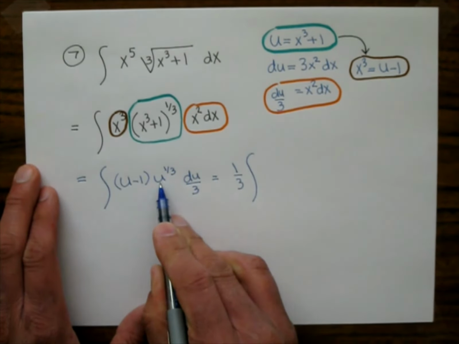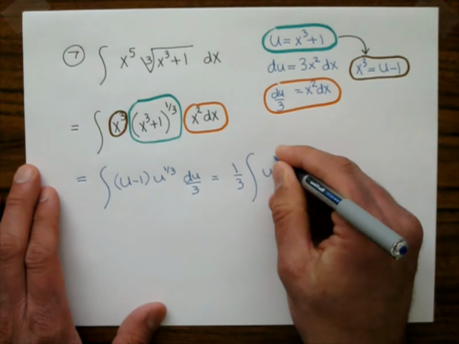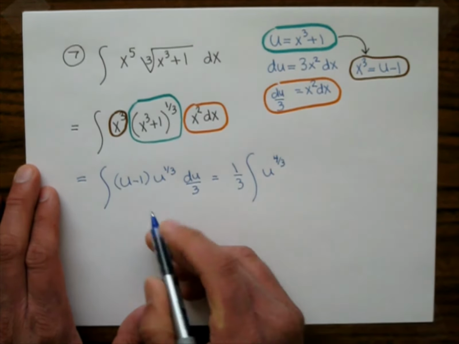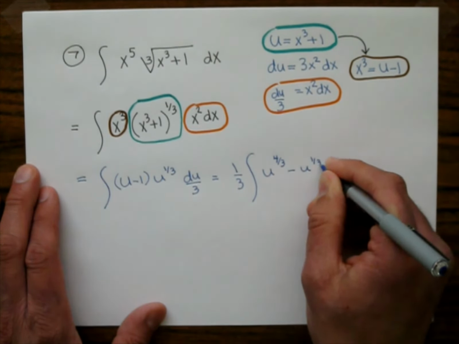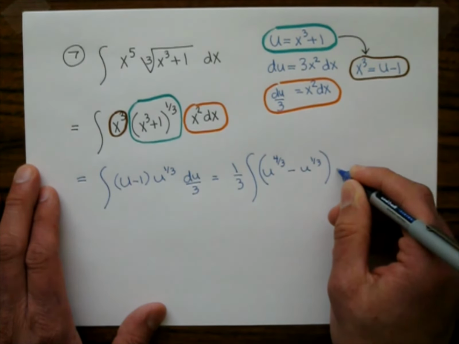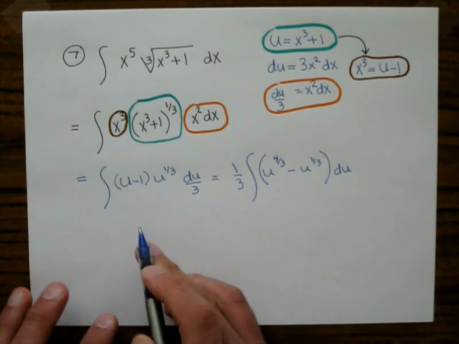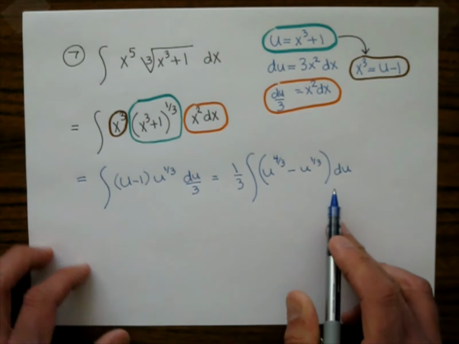I'm going to multiply that u to the 1/3 through, so I'll have u to the, let's see, that's going to give me 4/3 minus u to the 1/3. And now because there's two terms there, I'm going to put parentheses around this and go du. By the way, this guy right here is just one term. That's why I didn't put parentheses around there.